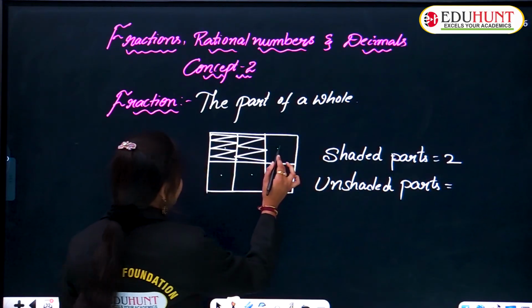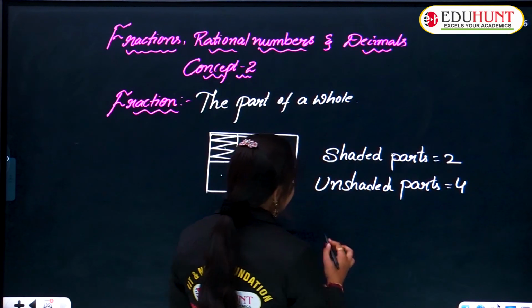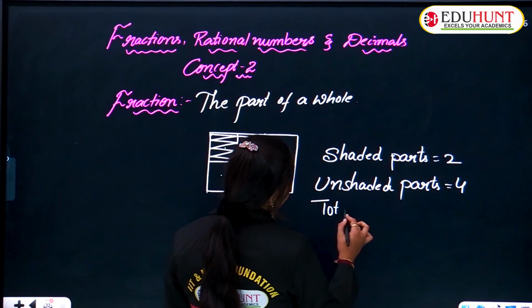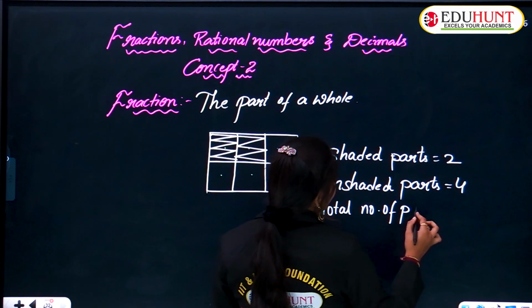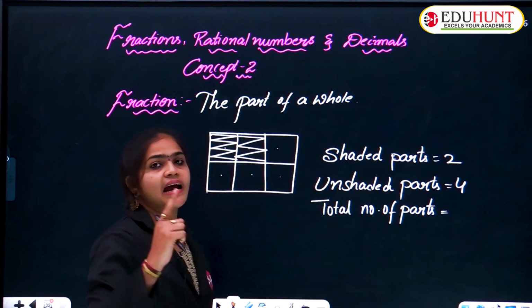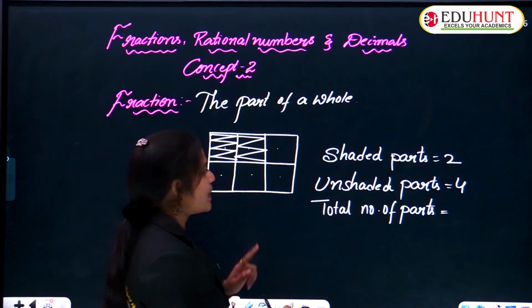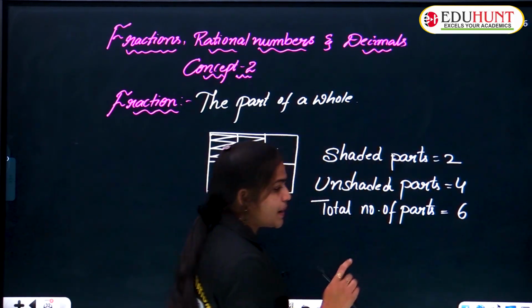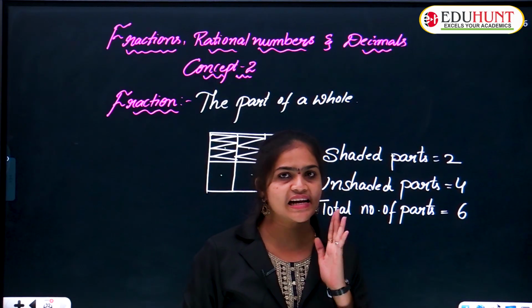How many unshaded parts are there? 1, 2, 3, 4. Four unshaded parts. Totally, we took one rectangular bar and divided it into 6 parts. Out of 6 parts, 2 parts are shaded and 4 parts are unshaded.